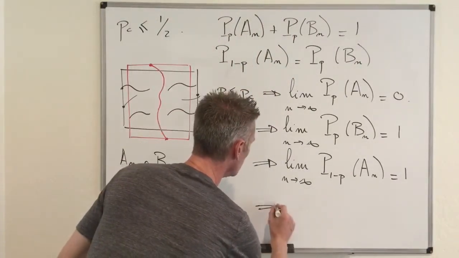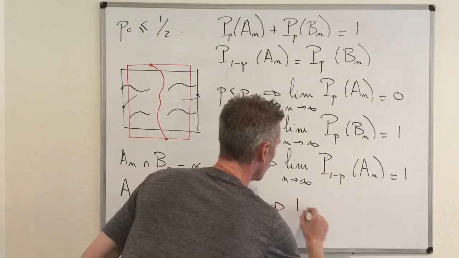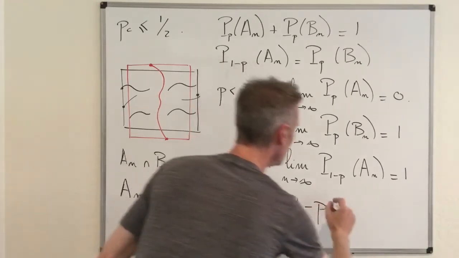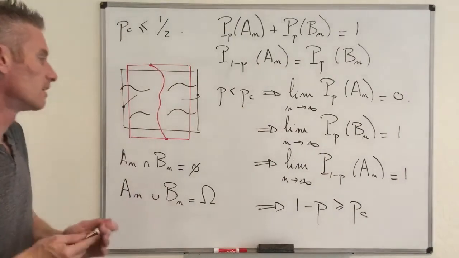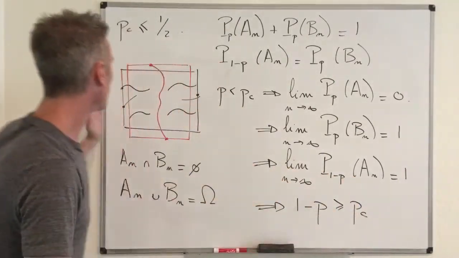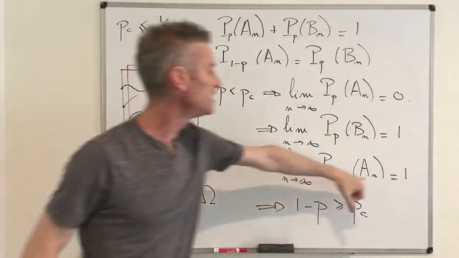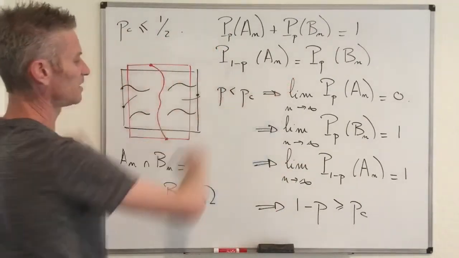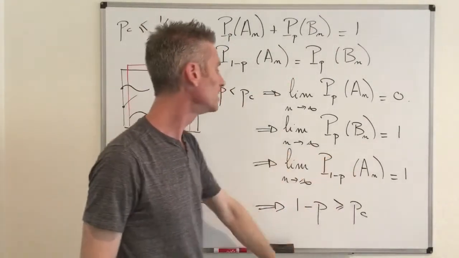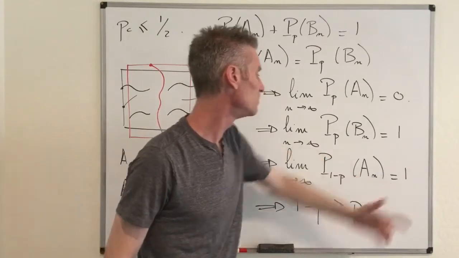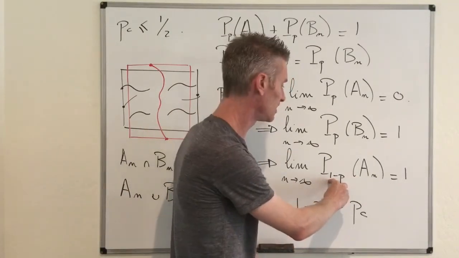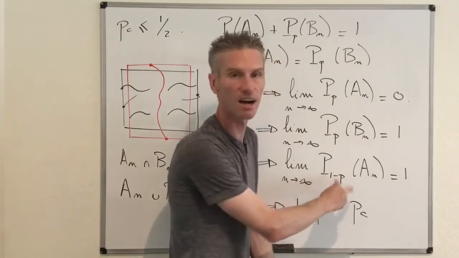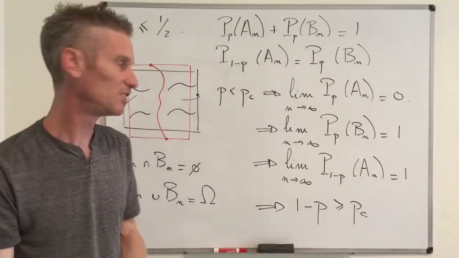So from that we deduce that 1 minus p should be larger or equal to pc. So indeed, to be able to connect left and right if n is very large, so the graph here is very large, the only way that this limit is 1 is if this density of open edges is larger than pc. We are here in the supercritical regime.